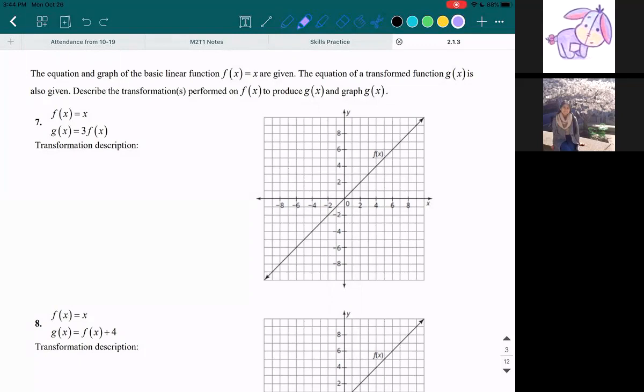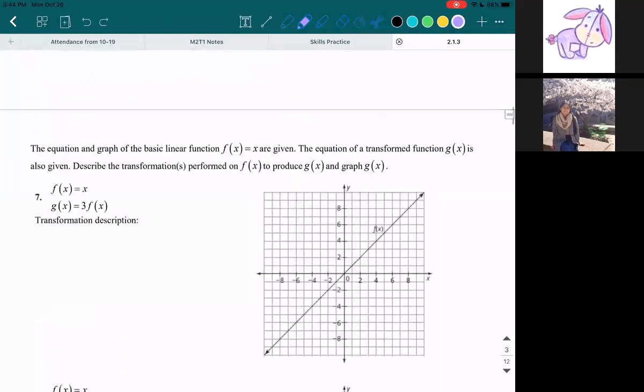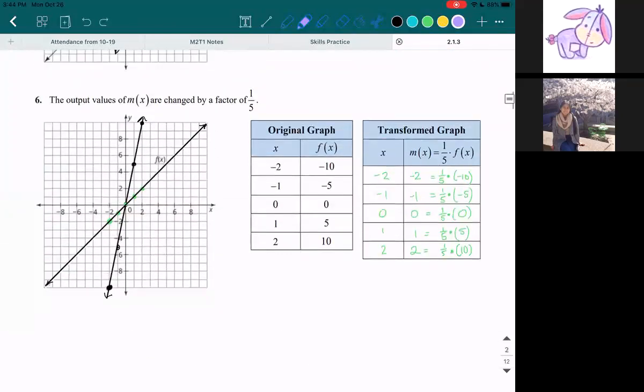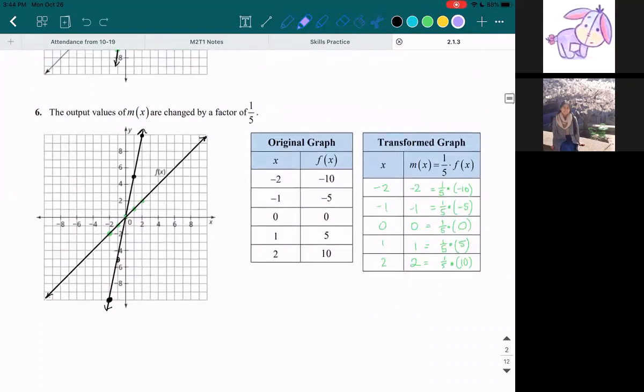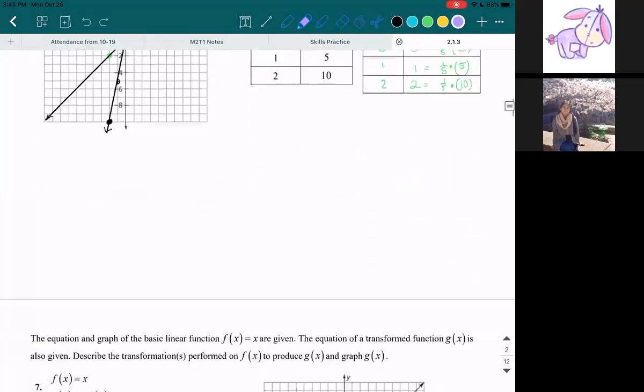All right, so for number 7, we have f of x is equal to x. That's our basic function. And then we have g of x is equal to 3 times f of x. So remember, according to the last thing we just did, when you have something multiplied to our f of x equation, that means we're changing it by a factor of the number that we're multiplying.